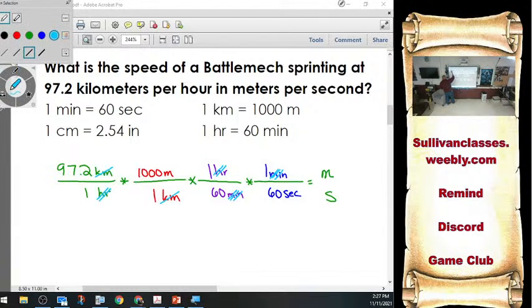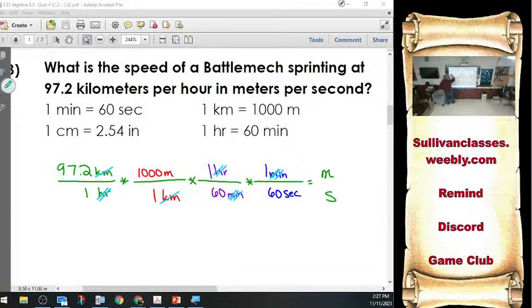So if I multiply all the way across the top, we've got 97.2 times 1,000 times 1 times 1. You good? 1 by 1 by 60 by 60.